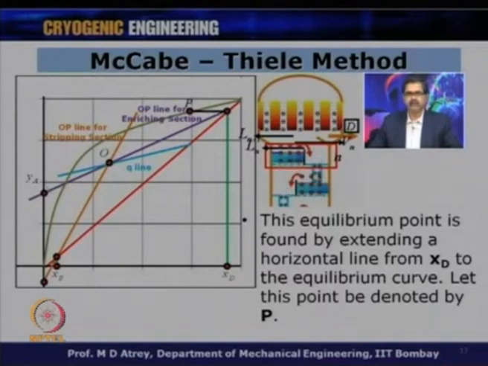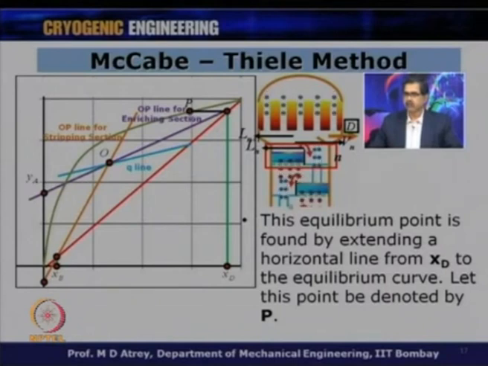The equilibrium curve will show the equilibrium of Yn and Xn which exists on every plate. So, for this Yn, the corresponding Xn can be found by keeping Yn constant, that means I have to move horizontally, keeping Yn the same, and the point of intersection of this horizontal line with the equilibrium curve is going to give me the condition which exists on this topmost nth plate at the moment.